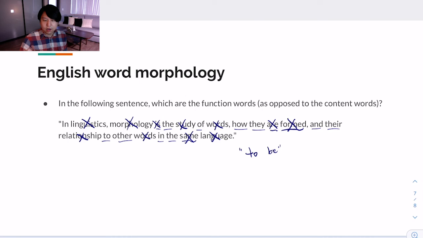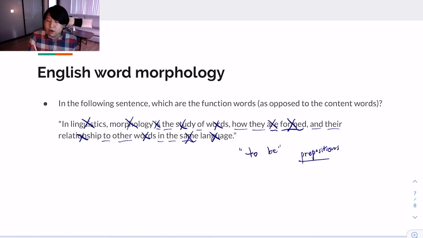And prepositions. We don't have a grand consensus in linguistics on whether prepositions should be regarded as function words or content words. There are two major camps, but in this course, we're going to regard prepositions as content words, as you can see in the lecture notes and also in my previous video.